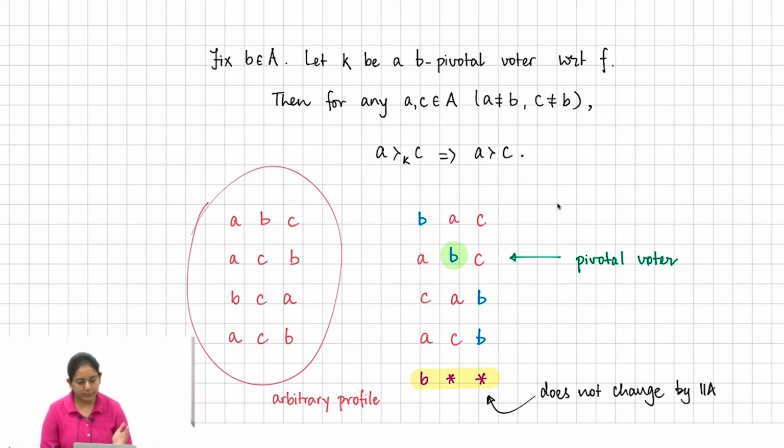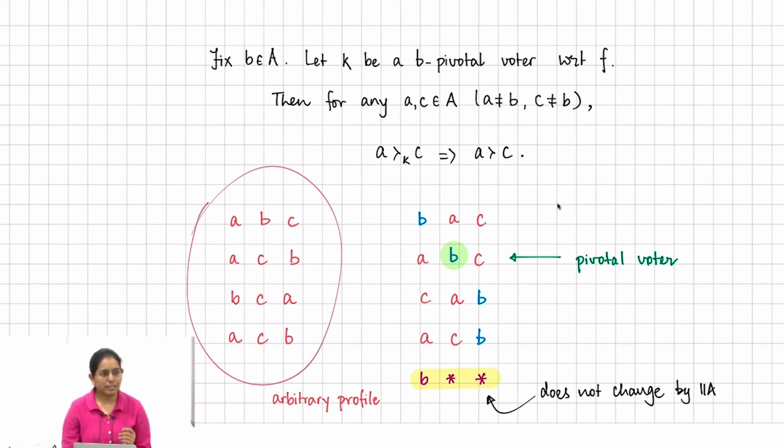What is interesting is what happened between B and A. So between B and A, the preference of the pivotal voter has certainly switched, so we cannot apply the same argument. But between B and A, can you think of a profile which we understand nicely, whose relative ordering on B and A is the same as the relative ordering that we are staring at right now?